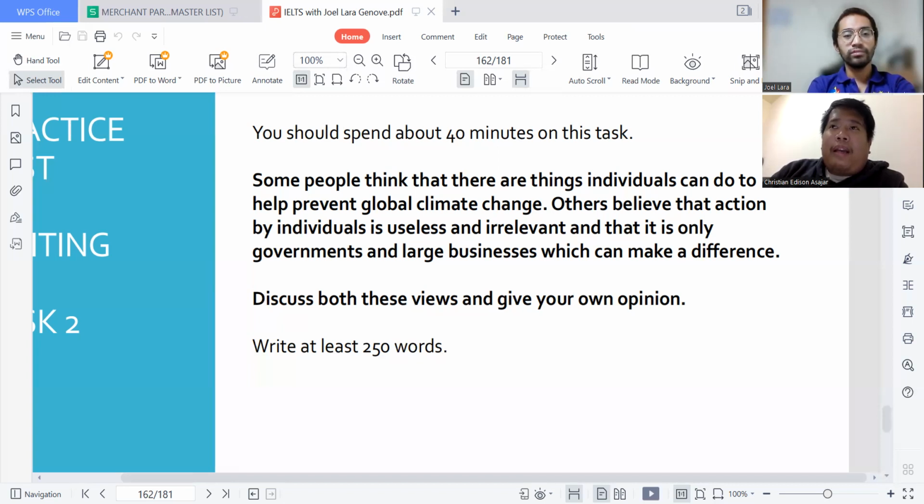Those drastic rises of the ocean will cause unnatural weather patterns like Yolanda. Typhoon Yolanda was very unnatural because it was not just a signal number 4. It was even above category 5.